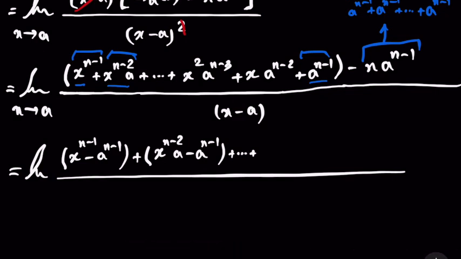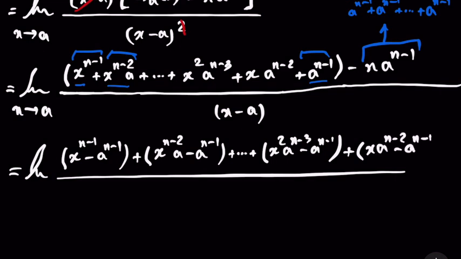It's going to be x squared a to the power of n minus 3 minus a to the power of n minus 1, plus x a to the power of n minus 2 minus a to the power of n minus 1, and the last term will cancel: a to the power of n minus 1 minus a to the power of n minus 1, which is 0. We don't need to write it, and the denominator is going to be x minus a again when x approaches a.